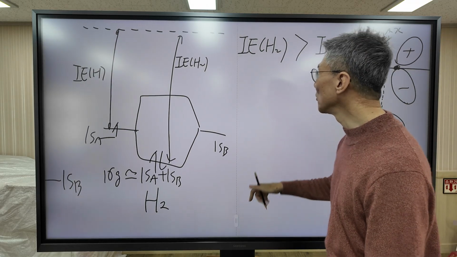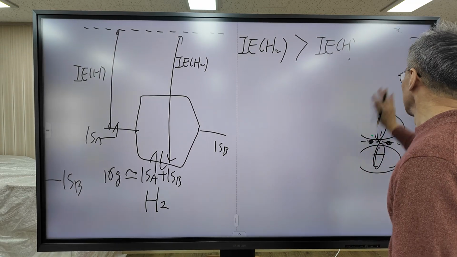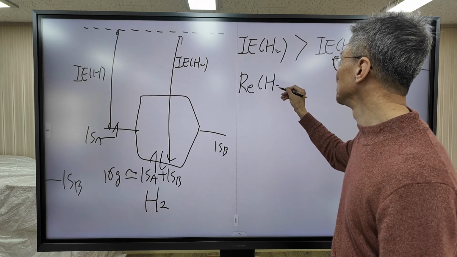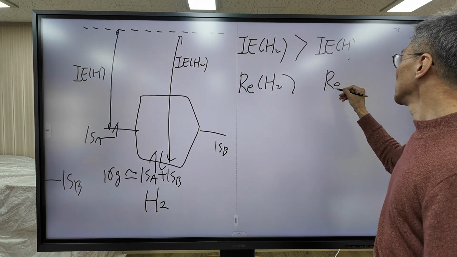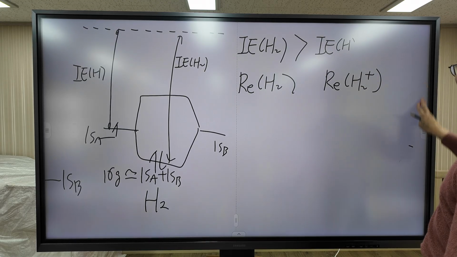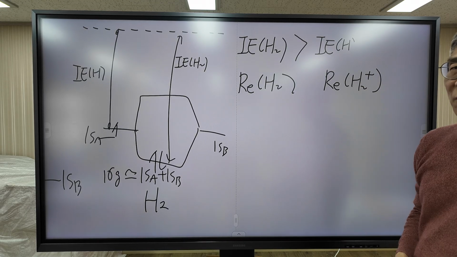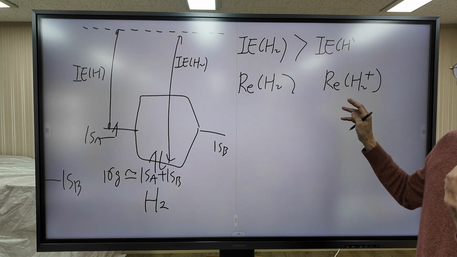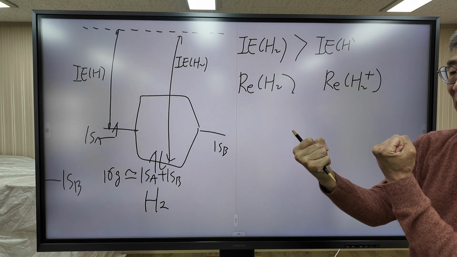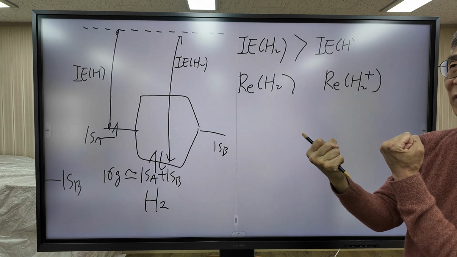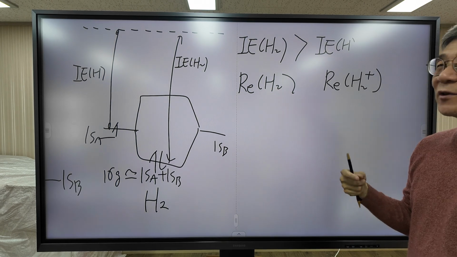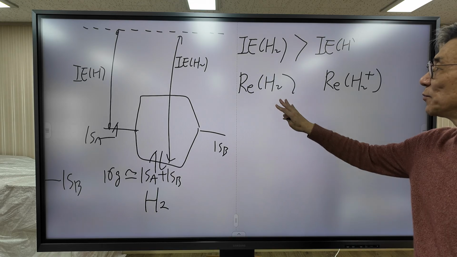Now, I'm going to compare the bond length of H2 with the bond length of H2 plus. Bond length reflects the bond strength. When the bond strength increases, the two atoms attract more strongly and the bond length decreases. Now, which bond is stronger?